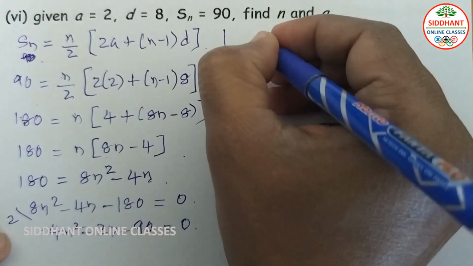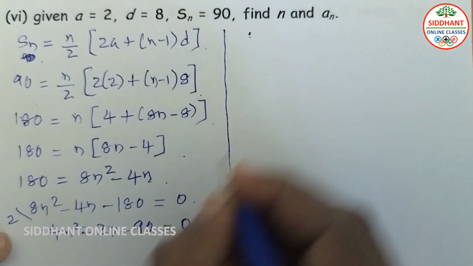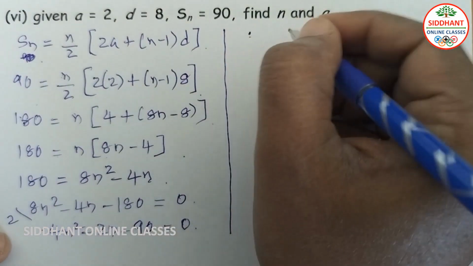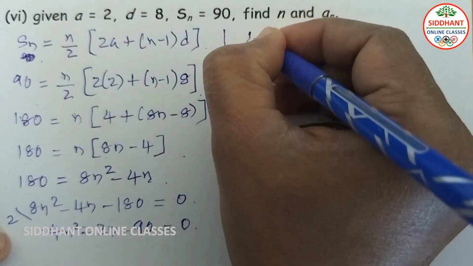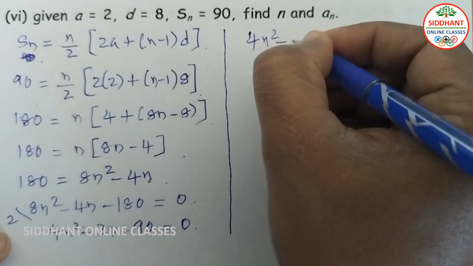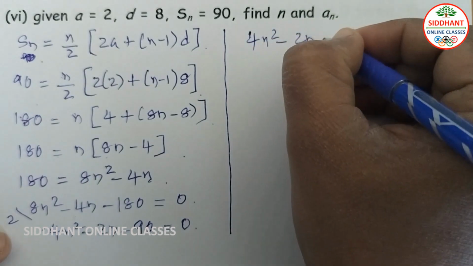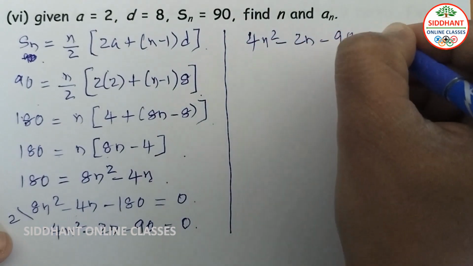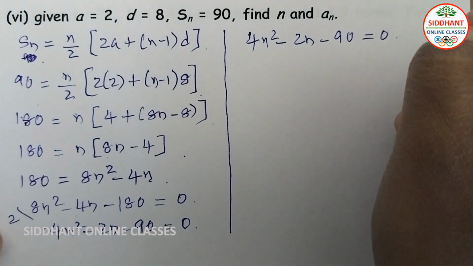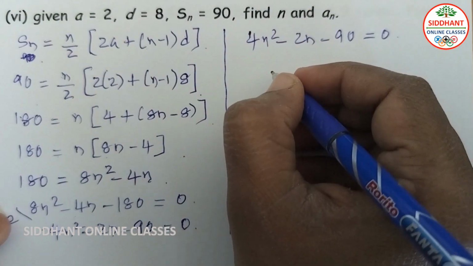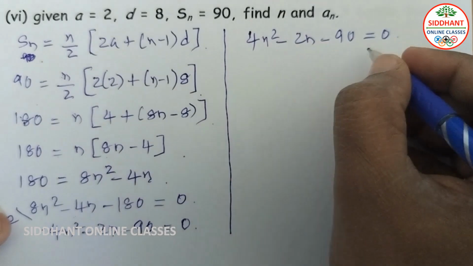Now it is a quadratic equation. We are going to find out factors now. 4n square minus 2n minus 90 equals 0.